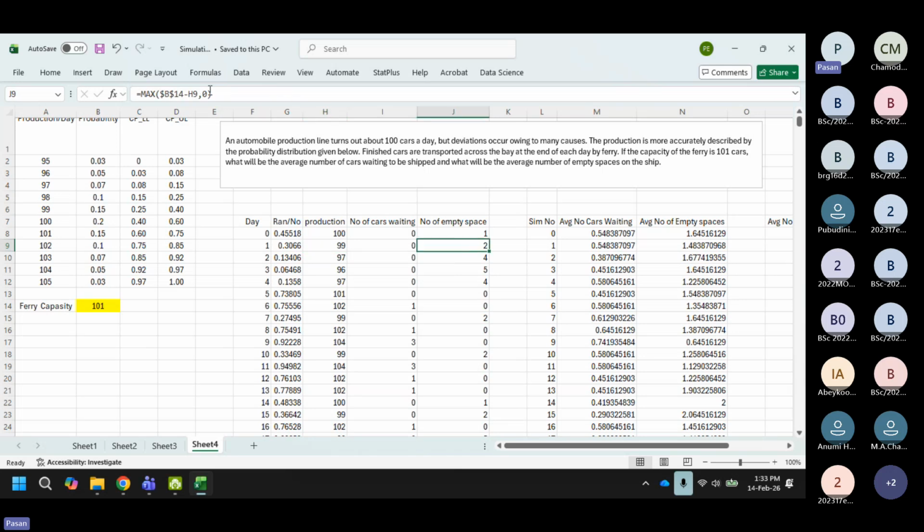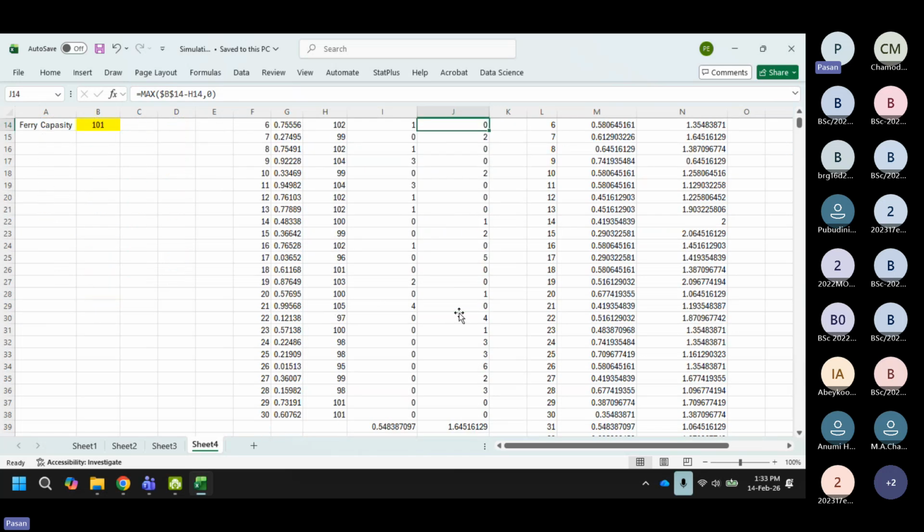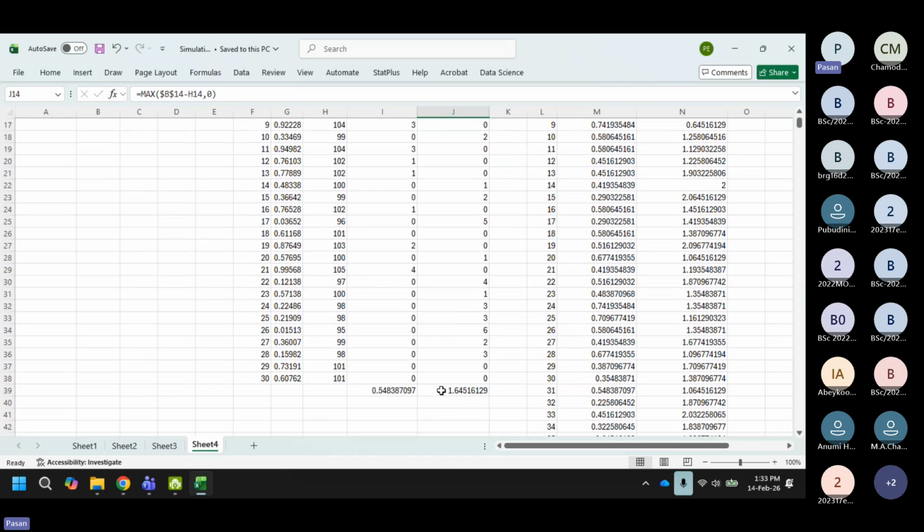So we find the difference from the ferry capacity to production. If it is a negative number, we put zero. So if we are producing more than the capacity, then there are no empty spaces. Empty space is zero. Then you can see the average of that.